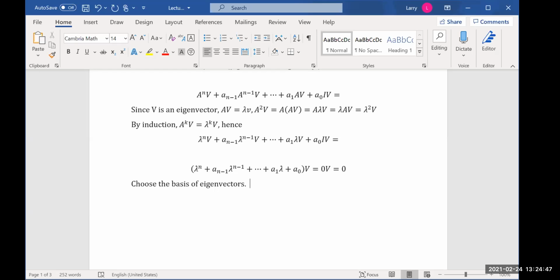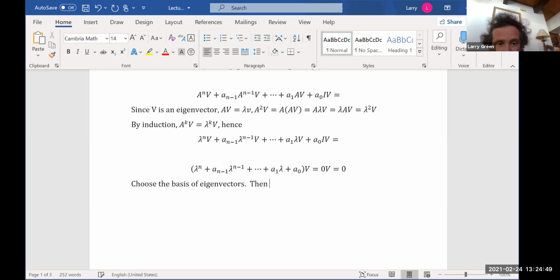Then with respect to this basis, the linear transformation is a diagonal matrix. Let's call it D. Sound good?